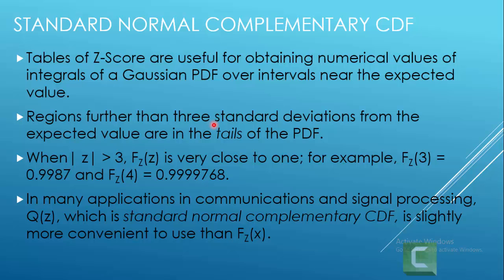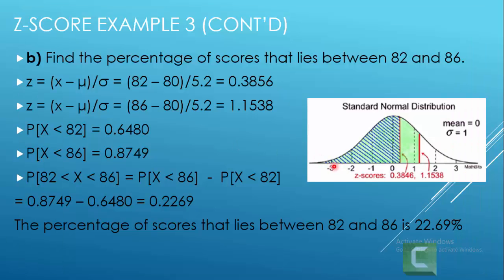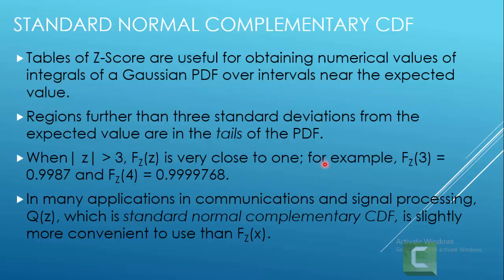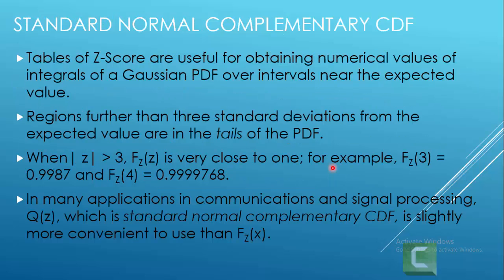Regions further than 3 standard deviations from the expected value are in the tails of the PDF. As you can see over here, when we go beyond this third deviation, then it is in the tails of this distribution. So when z is greater than 3, in other words, when the probability which we want to find goes beyond this third deviation, then F of z is very close to 1.